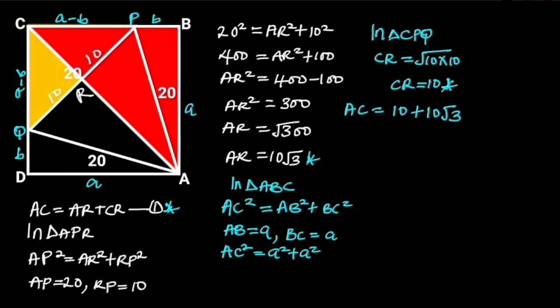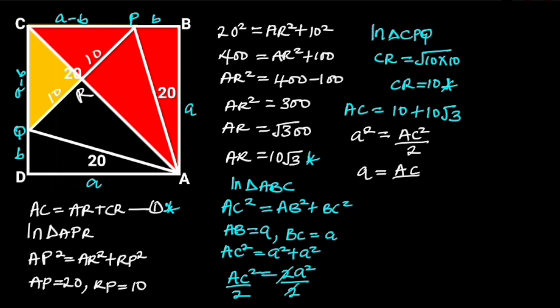A squared plus A squared is 2A squared. It follows that AC squared is equal to 2A squared. Dividing both sides by 2 will leave us with A squared is equal to AC squared over 2. Taking the square root of both sides will give us A is equal to AC over root 2.